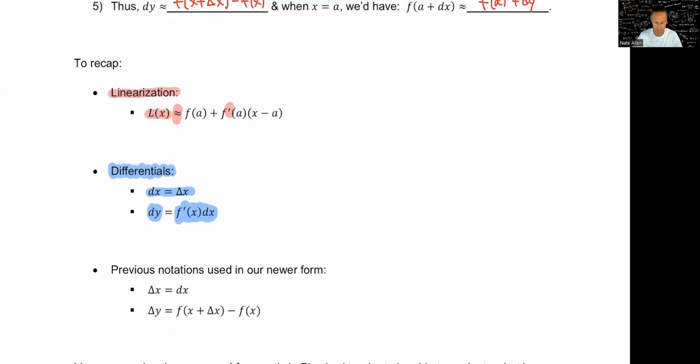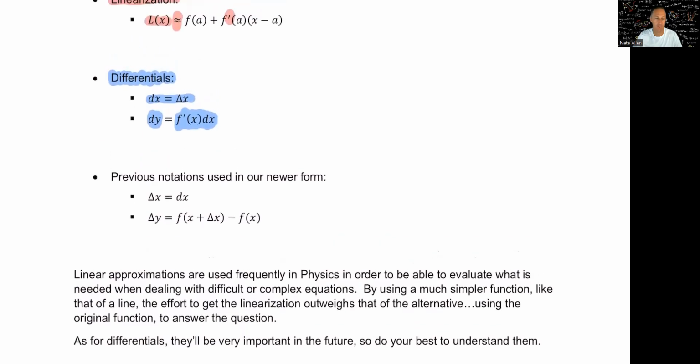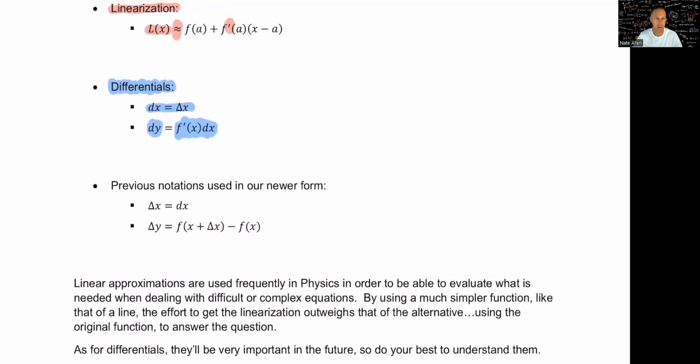And to summarize everything, why are we even talking about all these? Well, remember, linear approximations are used throughout in order to deal with very difficult or challenging complex equations. To approximate it, to get it pretty close, but not exactly, we can use a much simpler function, like our line, using that technique we call linearization, rather than our original function.